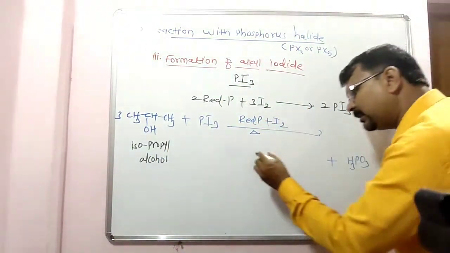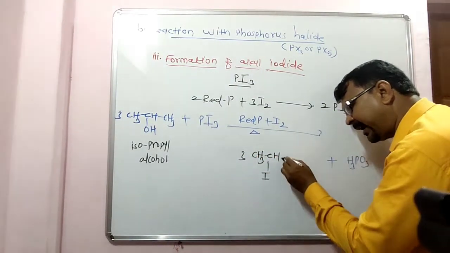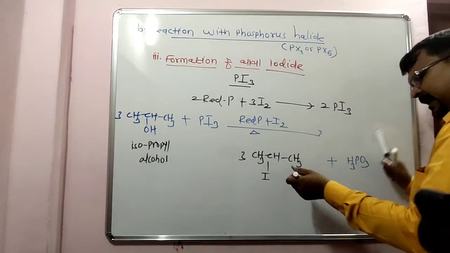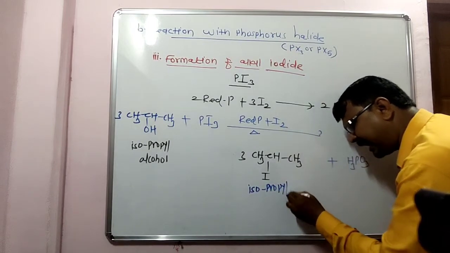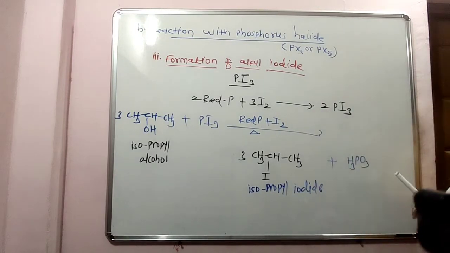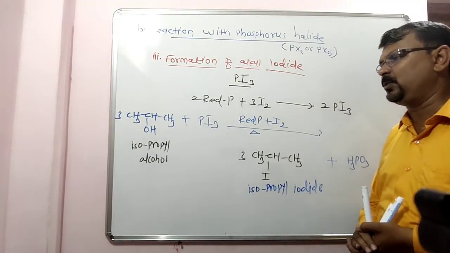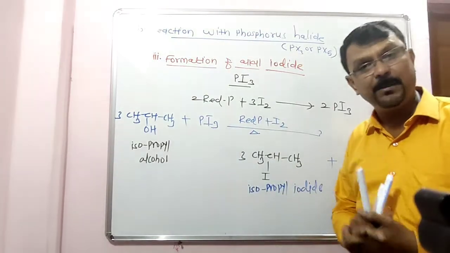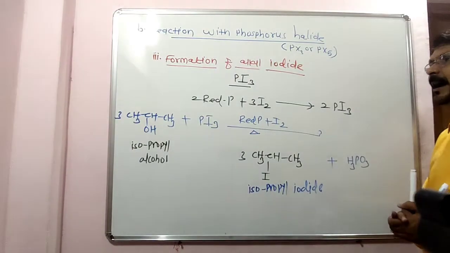Product: thrice CH3, CH, I, CH3. Name of the compound: isopropyl iodide. Correct? Yes. Simply, when isopropyl alcohol is heated with phosphorus triiodide, it gives isopropyl iodide.